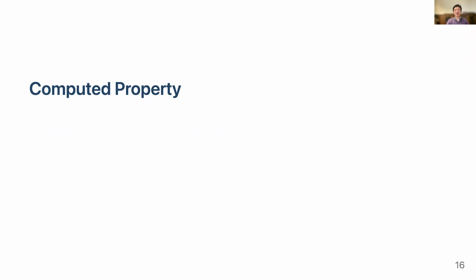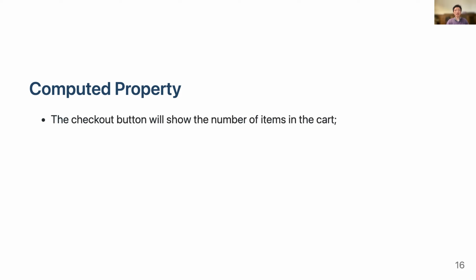So you need to have a little bit of computation, some code in there. It's not just a number. One thing we want to do is, on the checkout button, show the number of items in the cart. So if the user adds 3 to the cart, it should show 3 on the checkout button. If I have the picture somewhere.